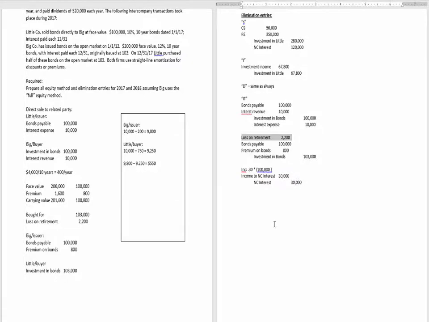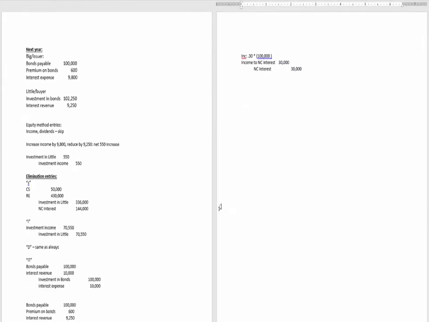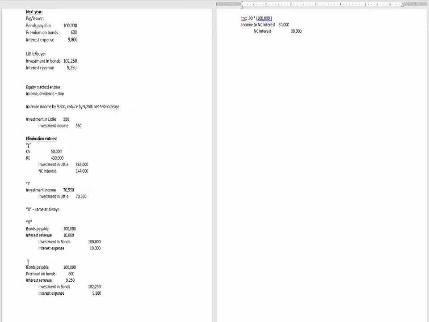So we're carrying forward a $2,200 loss, and just as was the case with our intercompany asset transactions, we had two questions we had to ask ourselves. First, was this an upstream or a downstream transaction? This was a downstream transaction, so the non-controlling interest is not involved. Second question was, is the parent using the full or the partial/modified equity method? They're using the full equity method, so when we carry that forward, we're going to go ahead and debit or credit, as appropriate, the investment in little account.